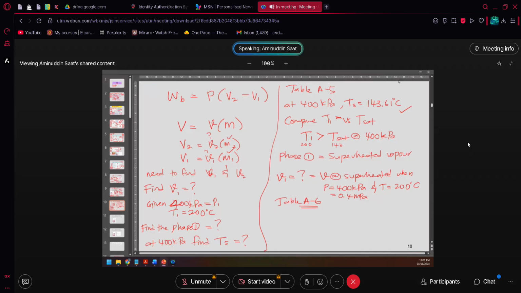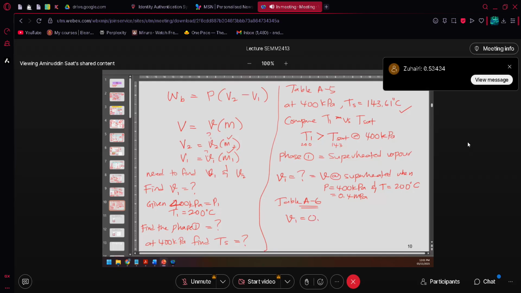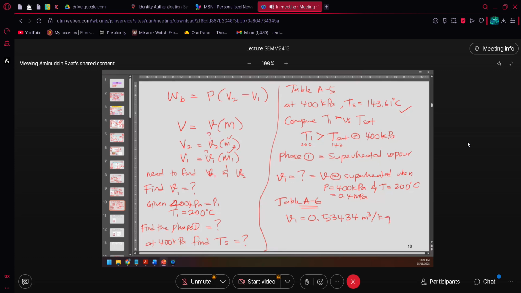Can you type again, Zairi, the right one? So V1 equals 0.53434 meter cube per kilogram. Okay, so that is V1.